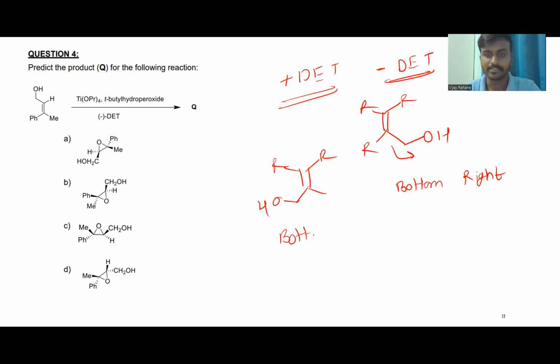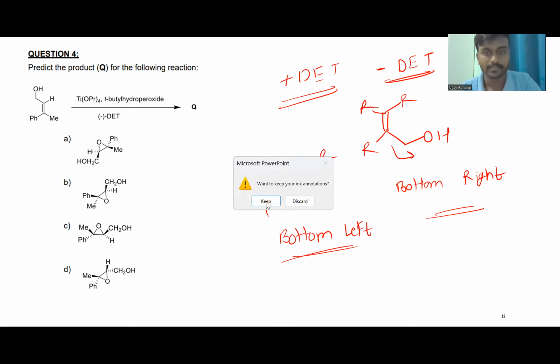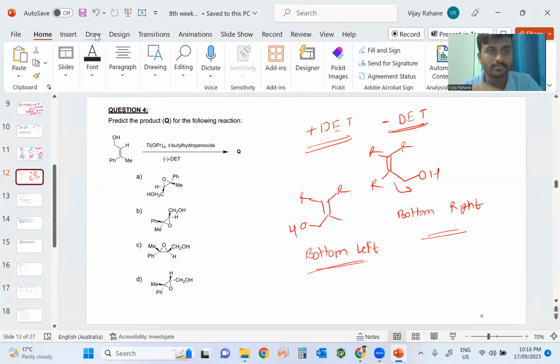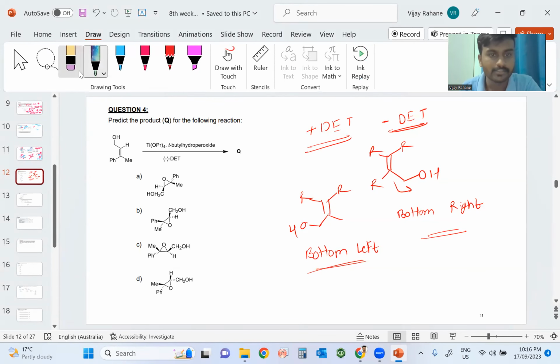I mean, this is not a terminology. Keep in mind, this is just a trick. So if it is bottom right and bottom left, but we don't have that option in this type. So I think this concept we can't apply particularly to solve this problem.